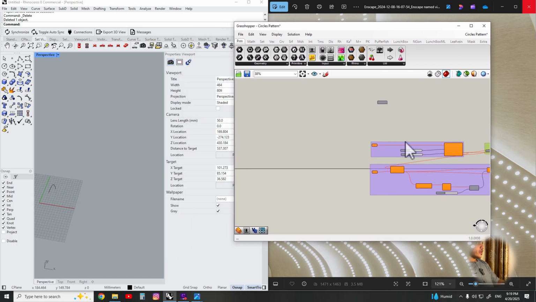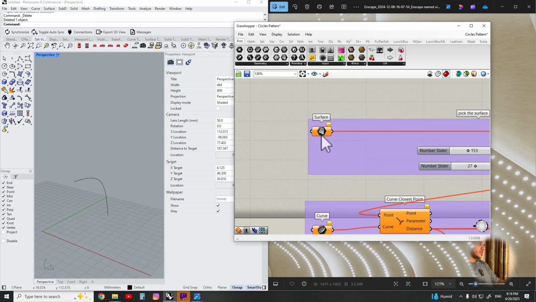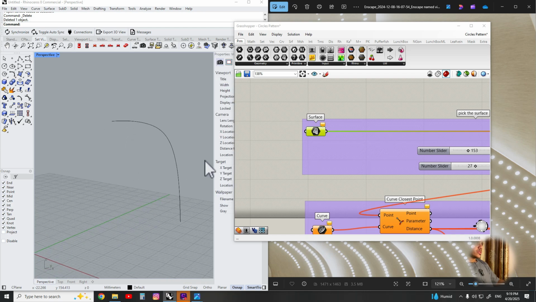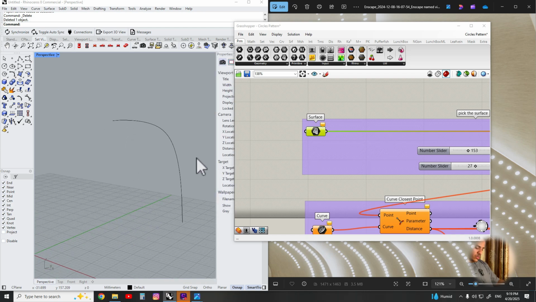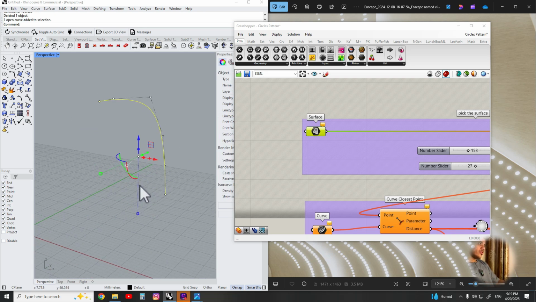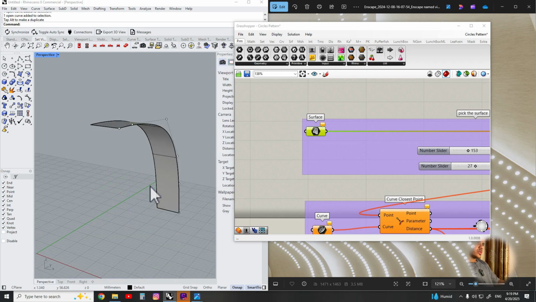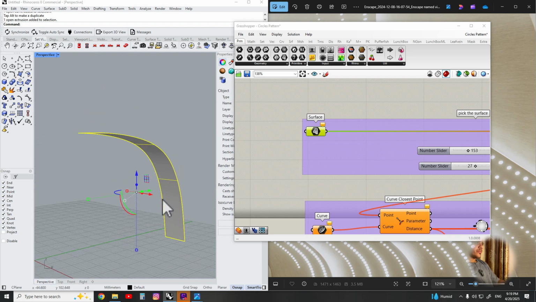So the first part is, of course, the surface. I draw a curve here. Let's move this a little bit. You draw your curve and extrude it to have a surface.